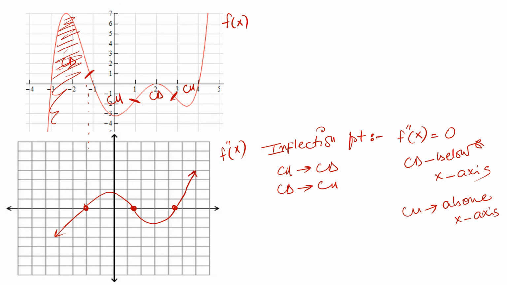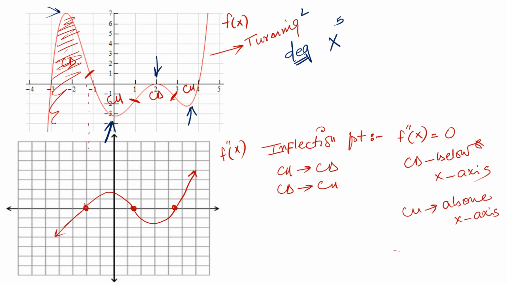After that I have to check how many turnings you have in the original question. In the original question I have the first turning, second turning, third turning and fourth turning. It means the degree of the function is x to the power 5.